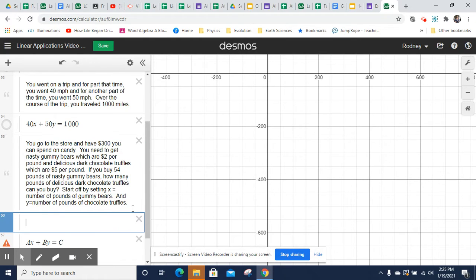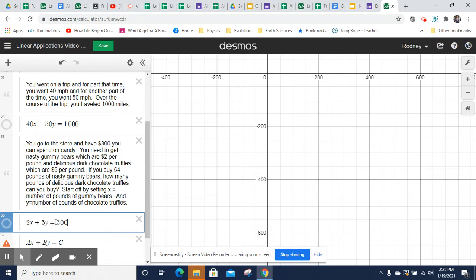So we say 2x, that's $2 per pound times x pounds of gummy bears, plus 5y, $5 per pound times y pounds of delicious dark chocolate truffles, will equal $300. 2 times x is an amount of money. 5 times y is an amount of money because dollars per pound times pounds is dollars.